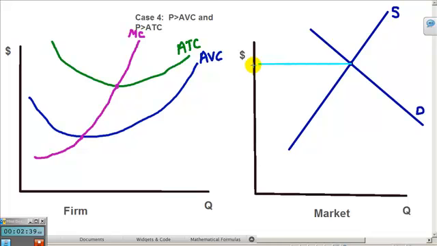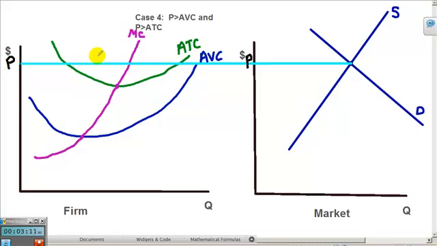There's our price line. That's the price in the market, but then we continue it across for the firm, because that's the price that the firm will be facing. That looks pretty horizontal. Looks good to me. So here's our price, set out in the market. That's the price that the firm faces.